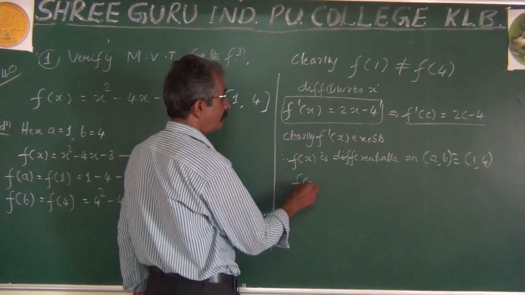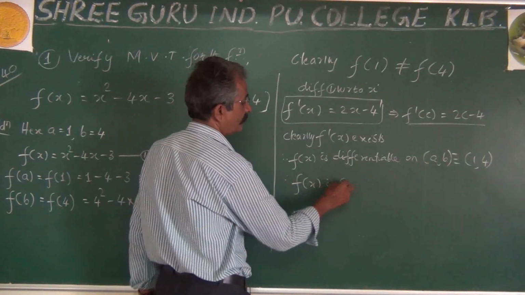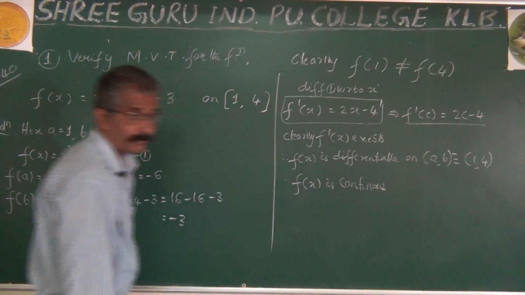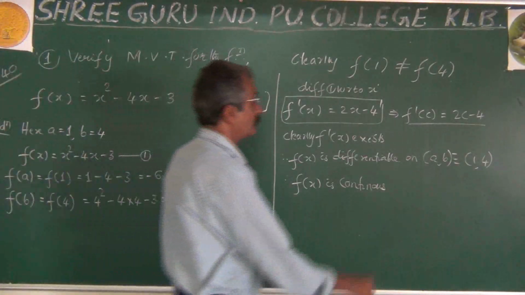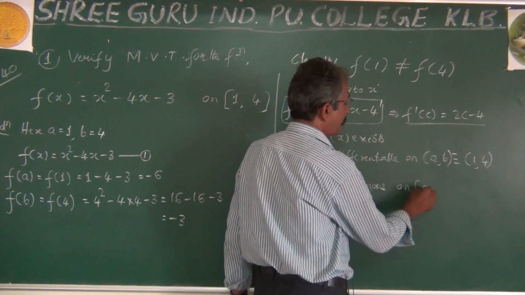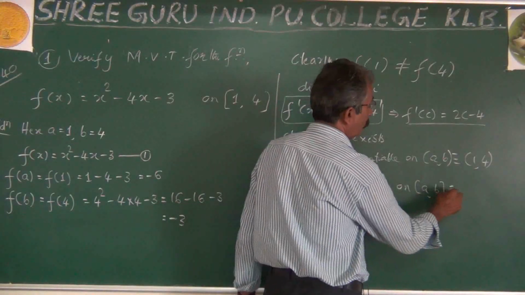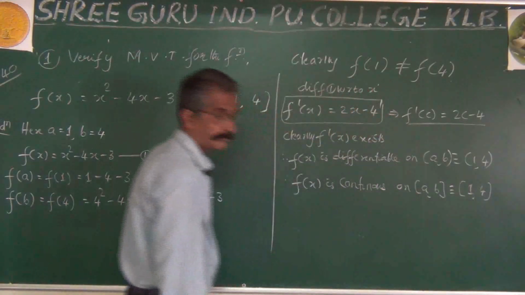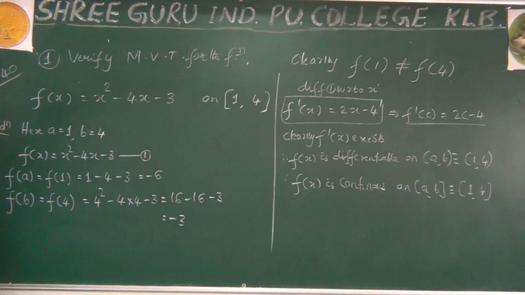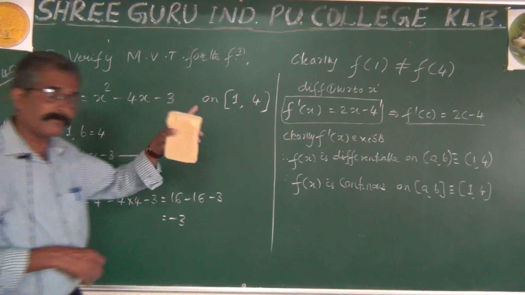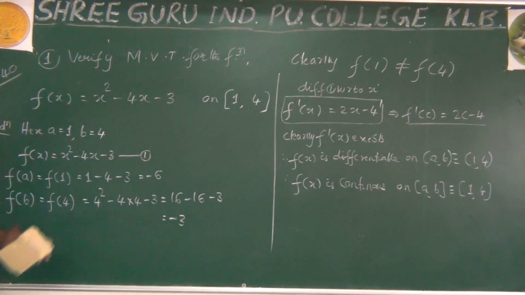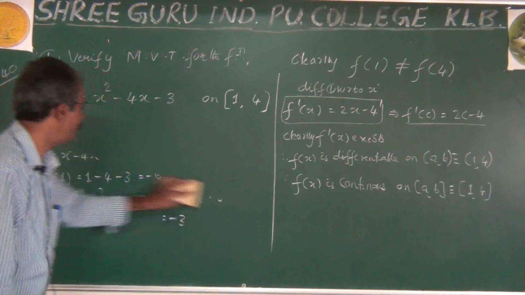Therefore, f of x is continuous. But for continuity, we have to take the closed interval, on the closed interval a b, that is the closed interval 1 comma 4. So let's implement Lagrange's mean value theorem because f of a not equal to f of b condition is satisfied.